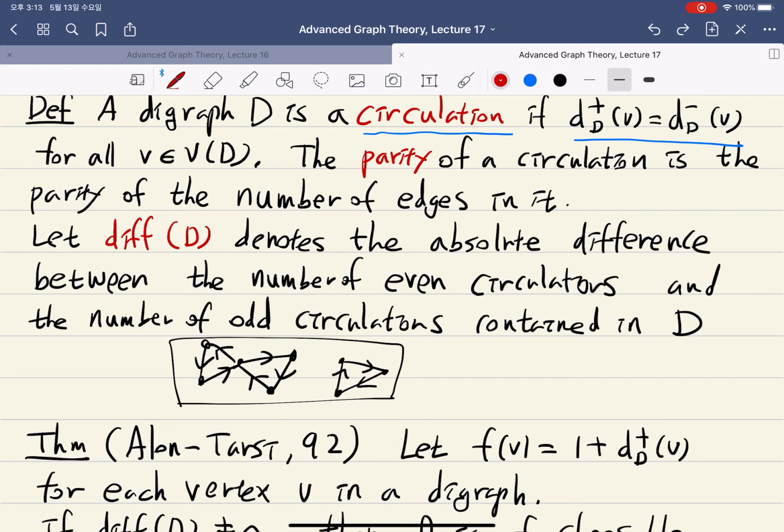And we say the parity of a circulation is the parity of the number of edges in it. So here we have 9 edges, so this is an odd circulation.